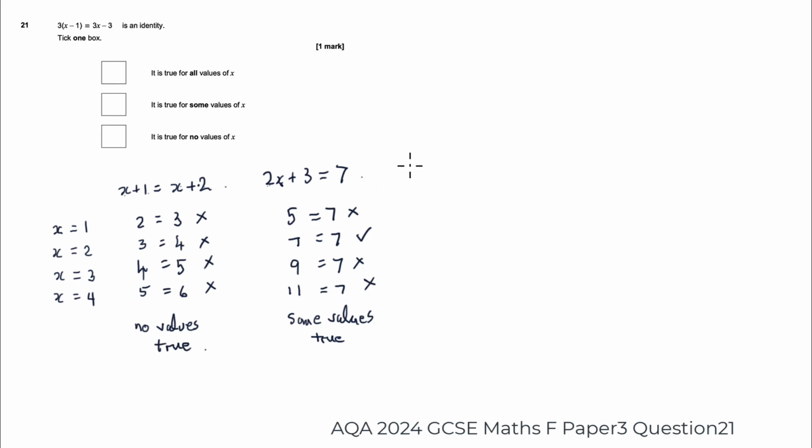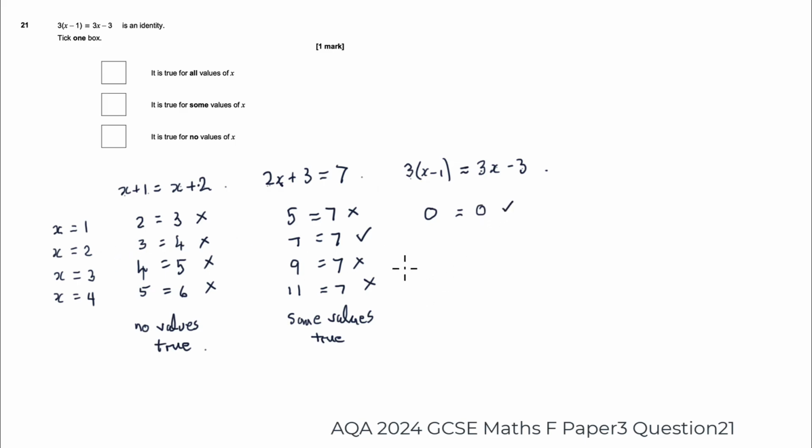And finally, let's try the statement 3x minus 1 equals 3x minus 3. And if we try that for x equals 1, 3 lots of 1 minus 1, that's 0. 3 lots of 1, 3 minus 3 is 0. Well, that's true.